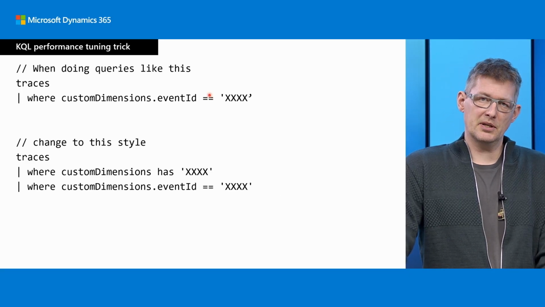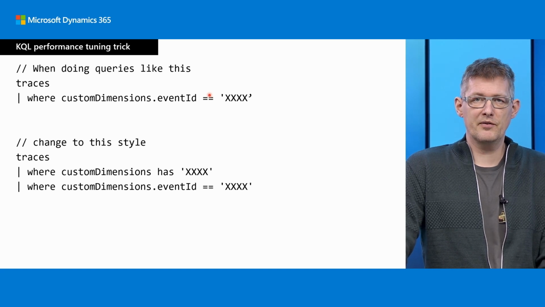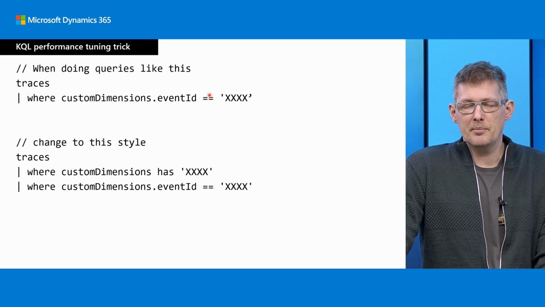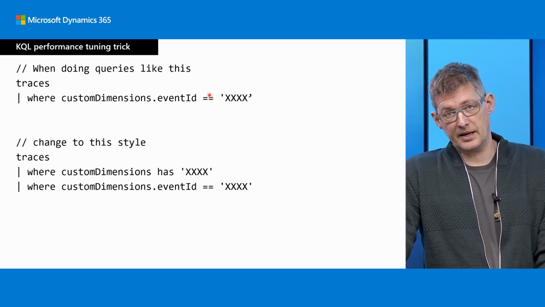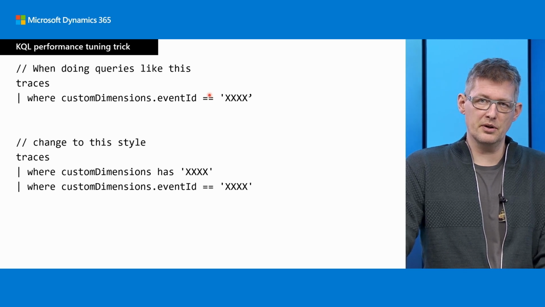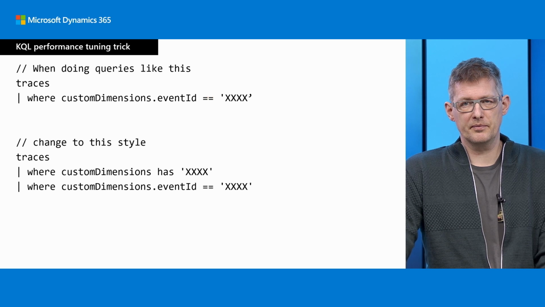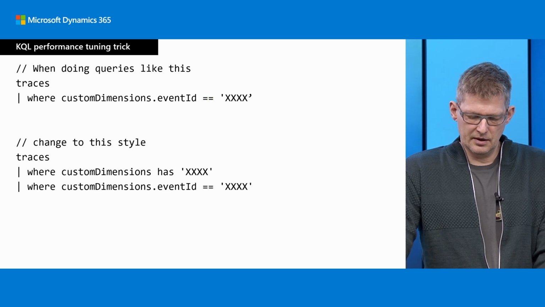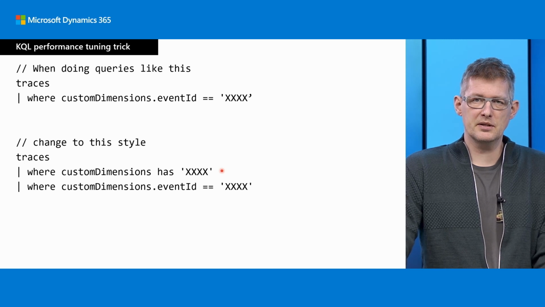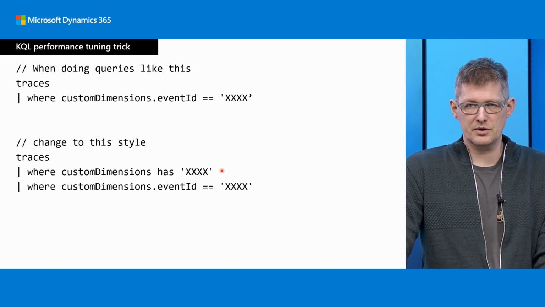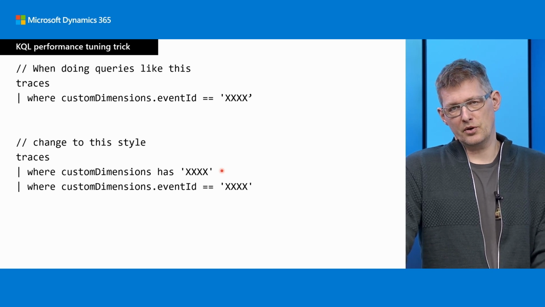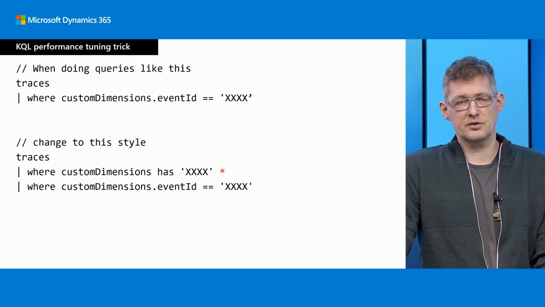Since this custom dimensions is a JSON structure, whenever you do custom dimensions dot something, Application Insights or Log Analytics, the back end of Application Insights, would actually need to parse the full JSON structure to be able to do this. Instead, if you do just this predicate first, custom dimensions without any dot into something, has operator, this can just do a normal string has.